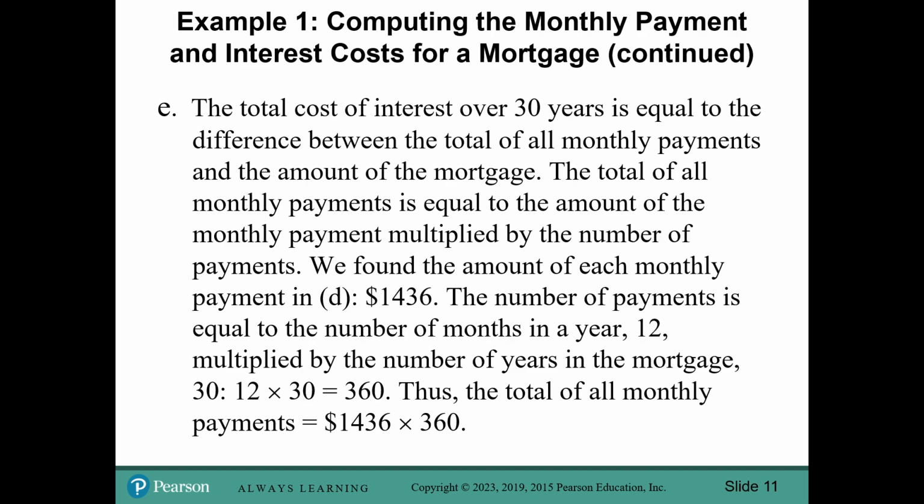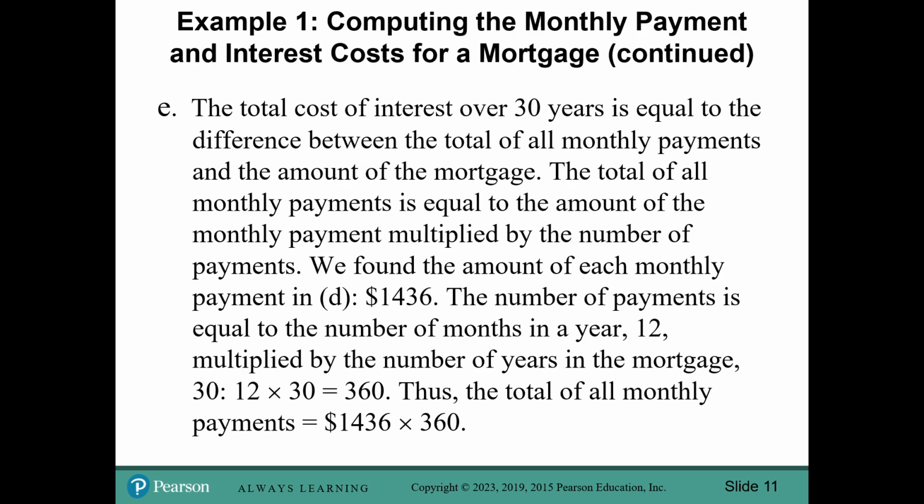So the monthly mortgage payment for principal and interest is approximately $1,436. Now, we want to look at the total cost of the interest over 30 years, because that's what Part E asked for. It is equal to the difference between the total of all monthly payments and the amount of the mortgage. The total of all monthly payments is equal to the amount of monthly payments multiplied by the number of payments.